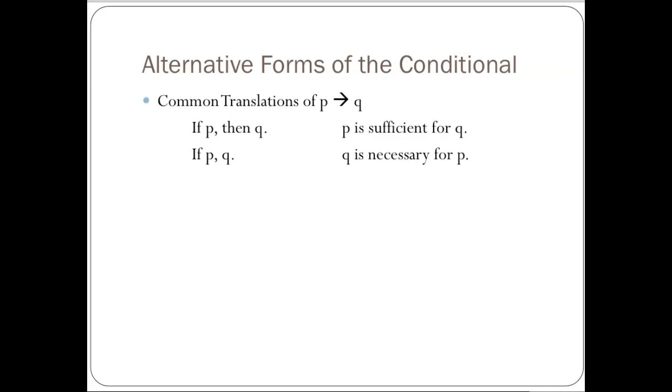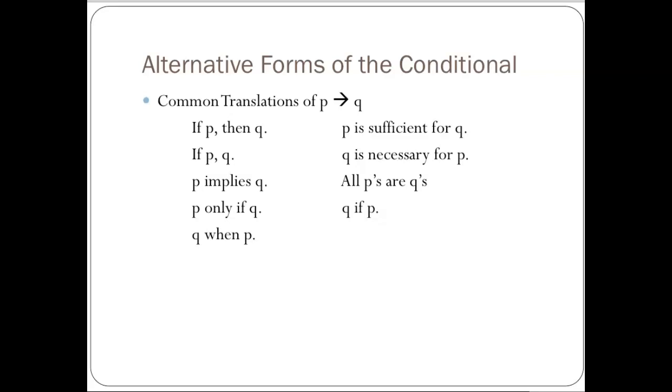You can say Q is necessary for P. We can say P implies Q. We can say all P's are Q's. P only if Q. Q if P. And Q when P.